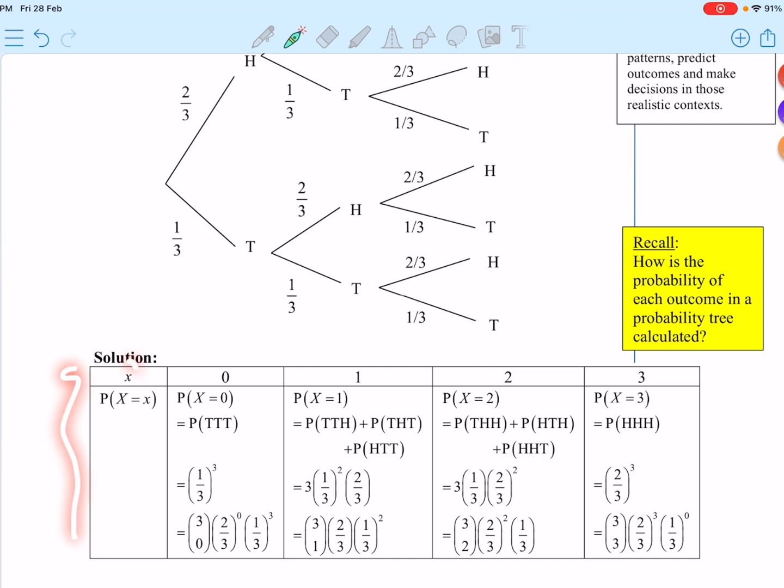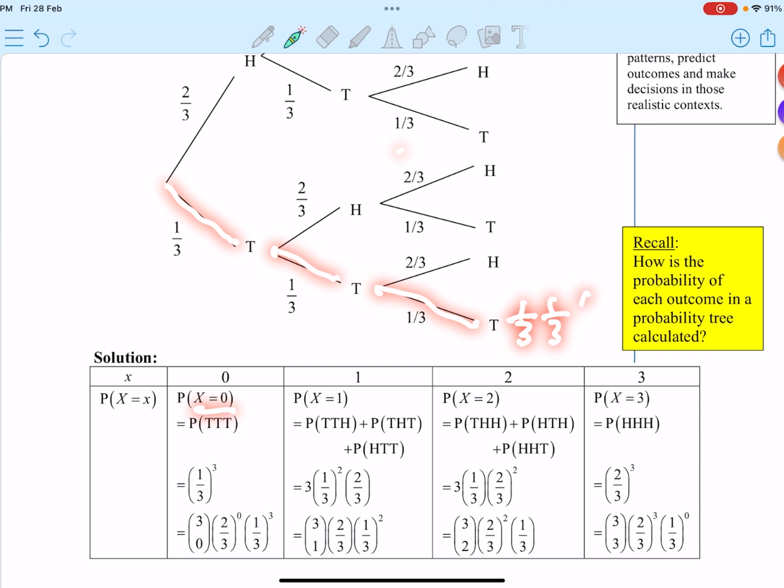You need the value of X, and the probability that the random variable X takes at that value. We discussed earlier that X can take 0. This will happen when you have tail, followed by tail, followed by tail. So it is 1/3, followed by 1/3, followed by 1/3. So we have this answer here, which is (1/3) to the power 3.